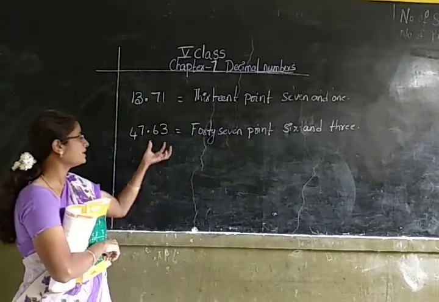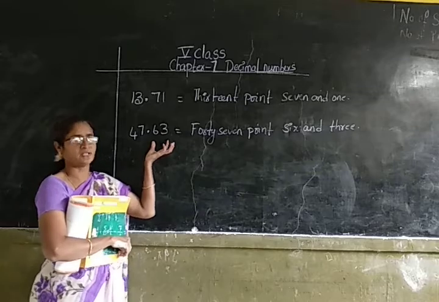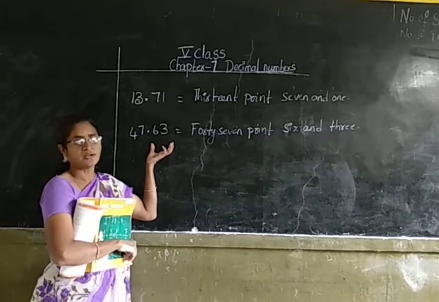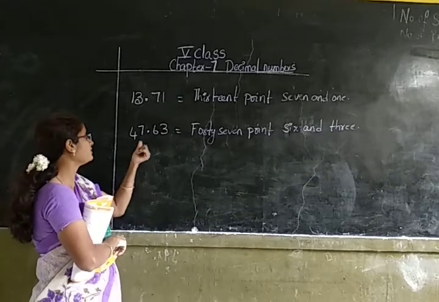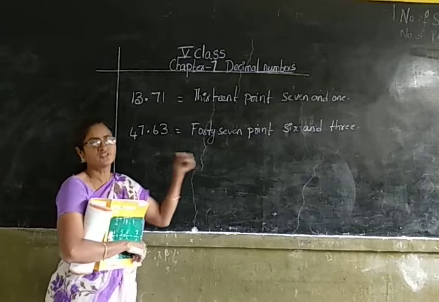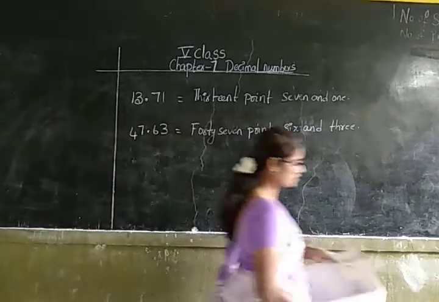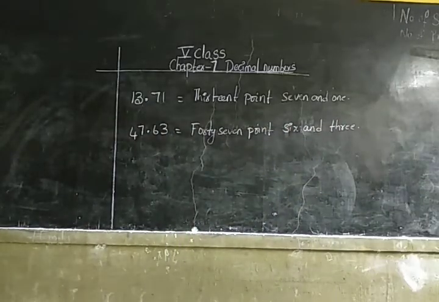You should not combine and read this number. You should read the digits after the point separately. Okay children, 47.6 and 3. So this is the way of reading a decimal number.